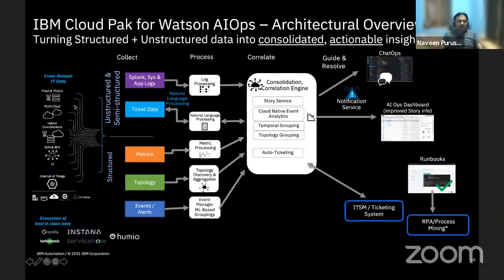And there is data coming from all these components, and data is coming at a rapid pace every minute. And this data could be logs, ticketing data, metrics, topology information, alerts and events.